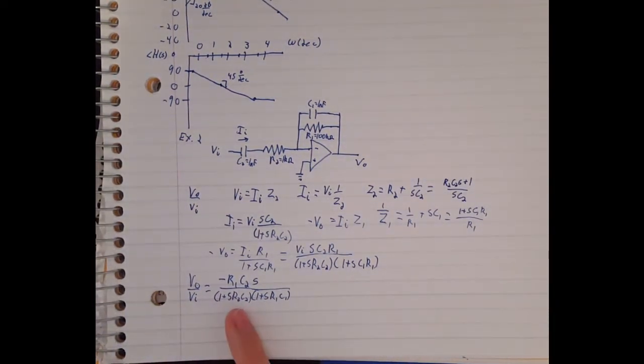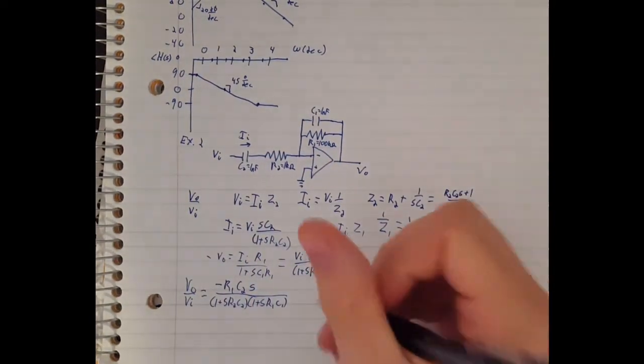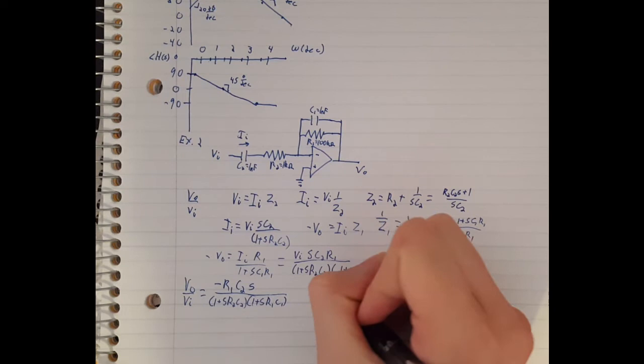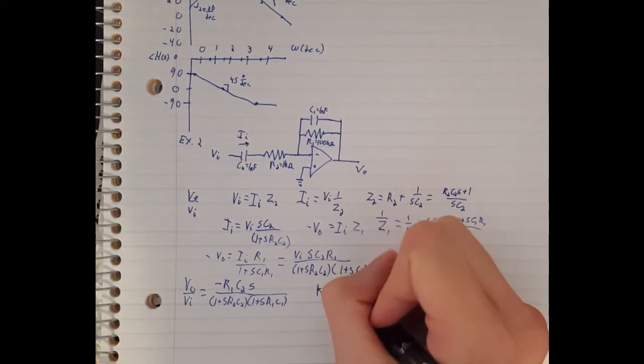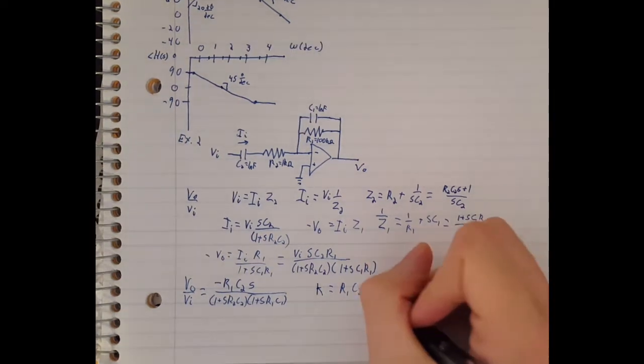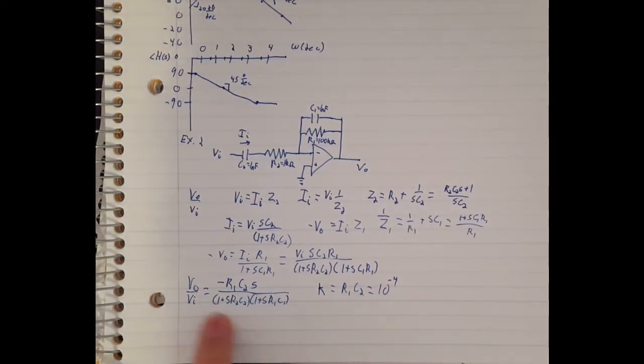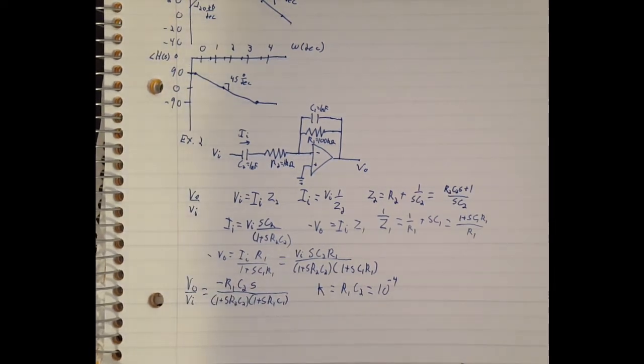So we're going to do the exact same thing we did in example 1. We're going to find K, which is just R1 C2, which is equal to 10 to the negative 4th. That's just because these are 1, so R1 C2 divided by 1 is R1 C2.